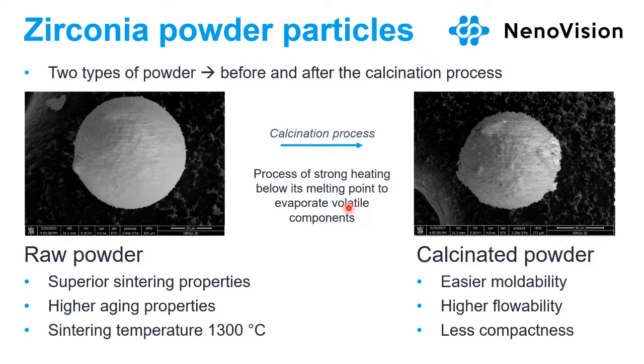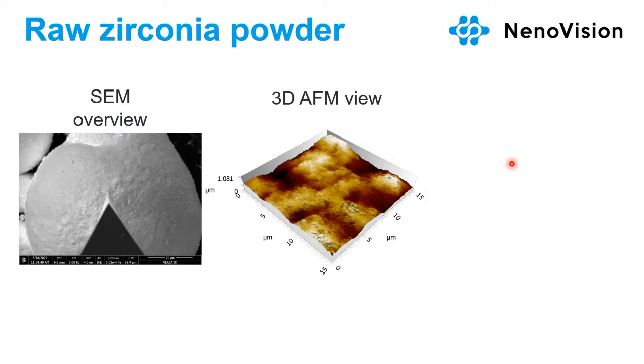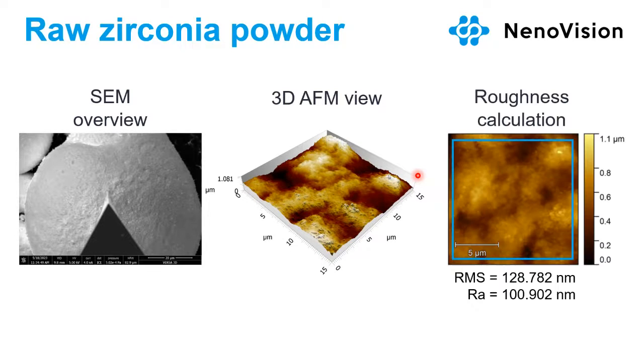And so already in SEM, we see that there are differences, but we're not sure how much of the difference it is. So let's have a look at the topography measurement. This is a 3D AFM view already after the shape correction.